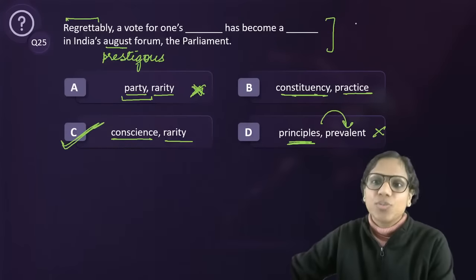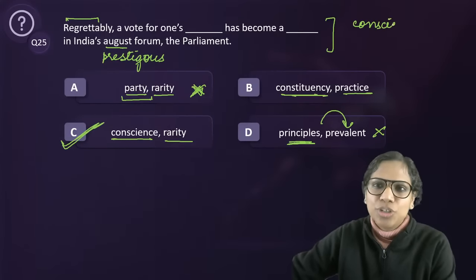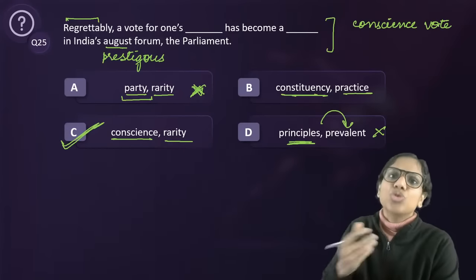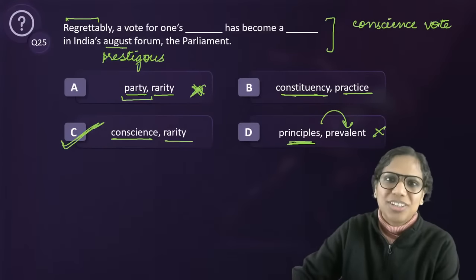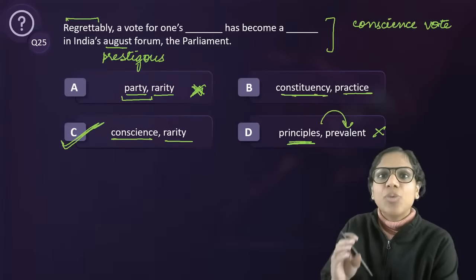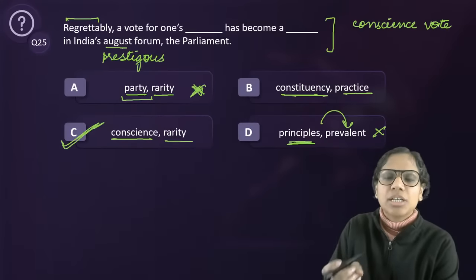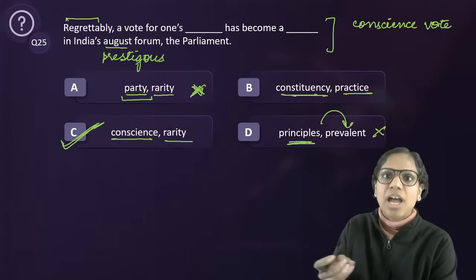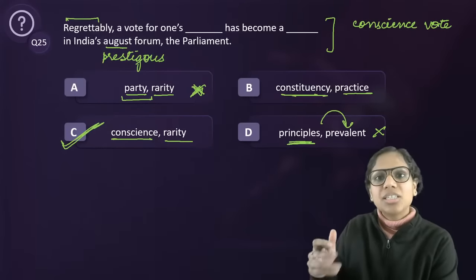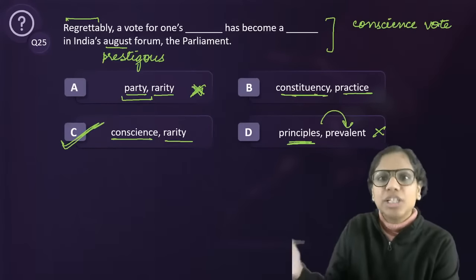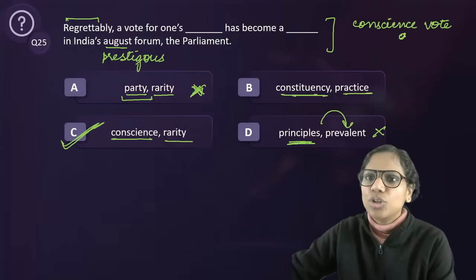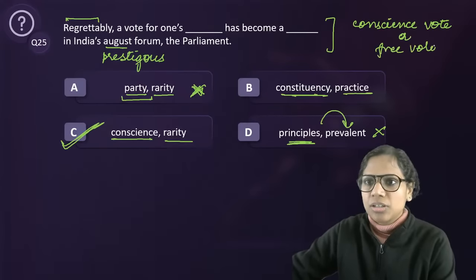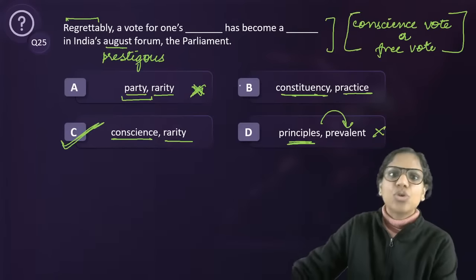Now, what is a conscience vote? This question does require a bit of an idea about this. Usually, in the parliament, the members of a party are expected to vote for their particular parties. But when sometimes they are voting on issues that are considered morally very relevant or have wider social implications, the parties tell them that they can vote freely, on whichever side they want. That is called a conscience vote or a free vote, where you choose the cause over the party.